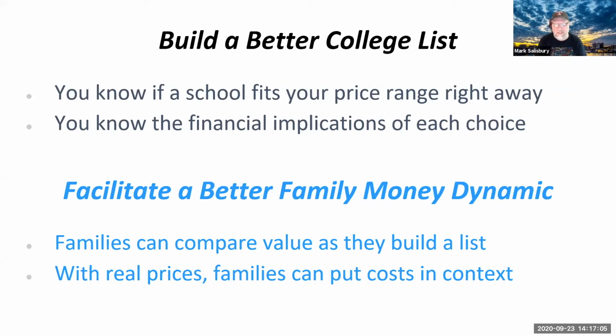So they don't really talk about money. Over the course of the search process, this contention builds up between mom and dad and the kids, because the kids want the expensive thing, and mom and dad are trying to subtly or not so subtly suggest something else. All of that happens because you don't have any pricing data in front of you, so you can never really have a conversation about value.